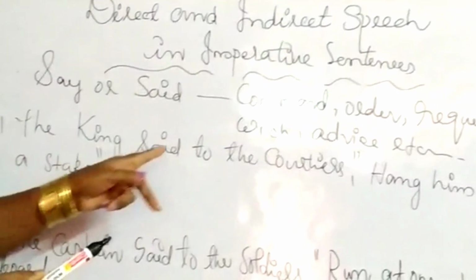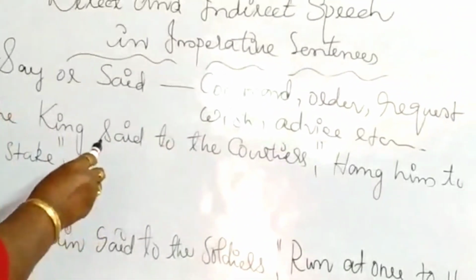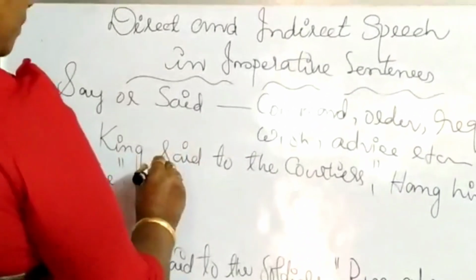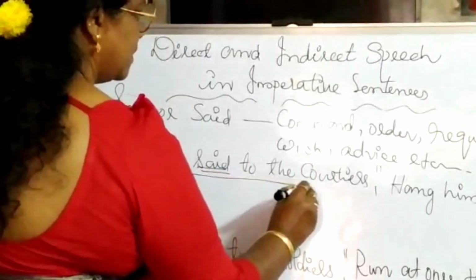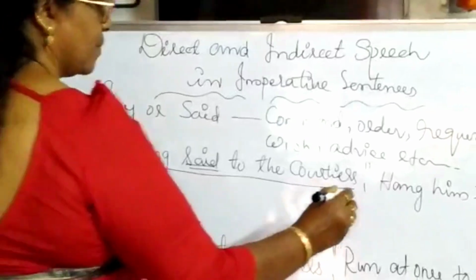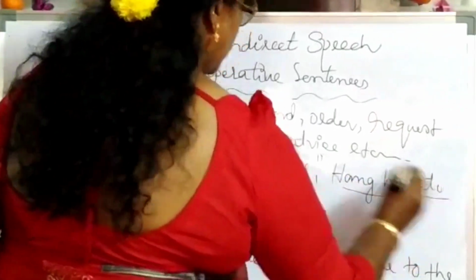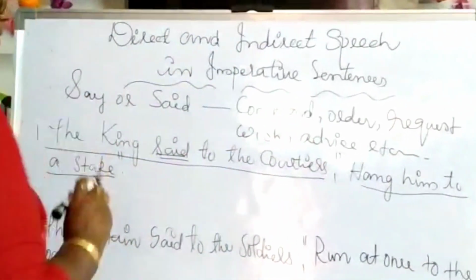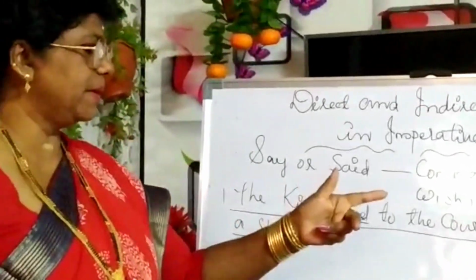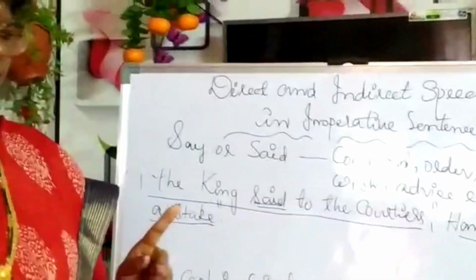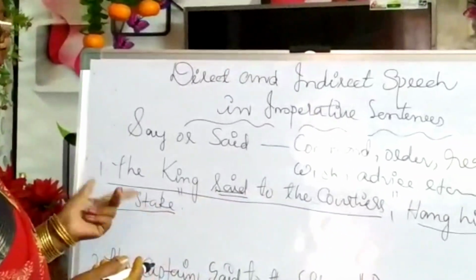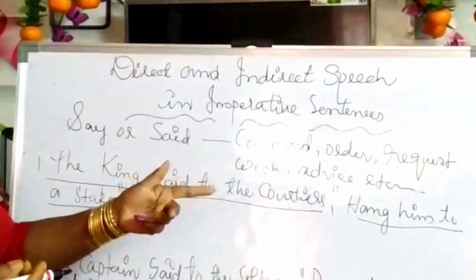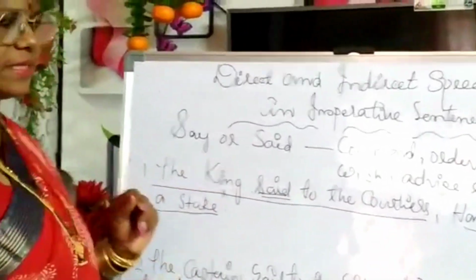Example: The king said to the courtiers, "Hang him to a stake."